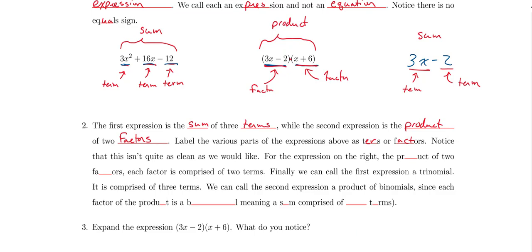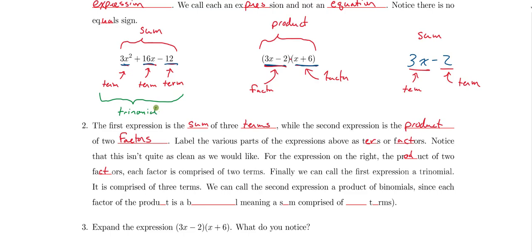So let's just catch up with our notes. For the expression on the right, even though we're calling it a product of two factors, each of those factors is comprised of two terms. So let's go ahead and say that we're going to call this first expression right here, besides calling it a sum, we could specifically call it a trinomial.